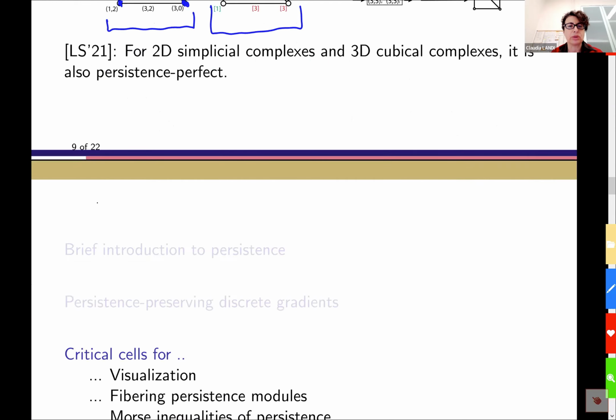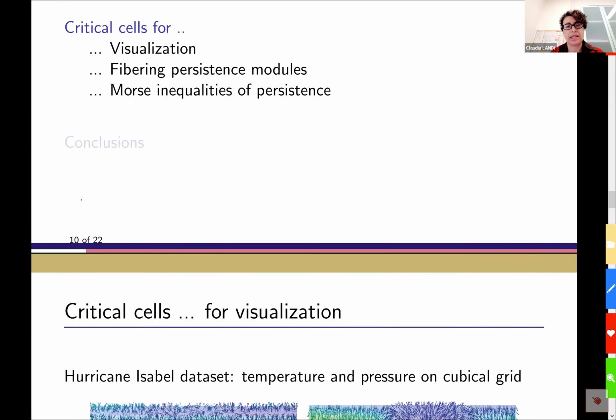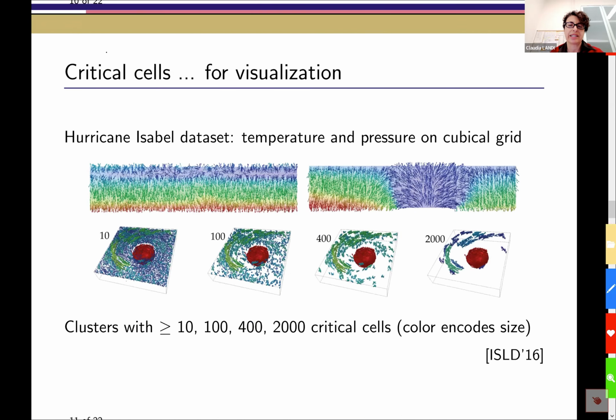Now, what can we do with these gradients? First of all, we can use them for visualization purposes. For example, here, this is a slice of a data set representing the temperature and pressure values on a cubical grid describing Hurricane Isabel.